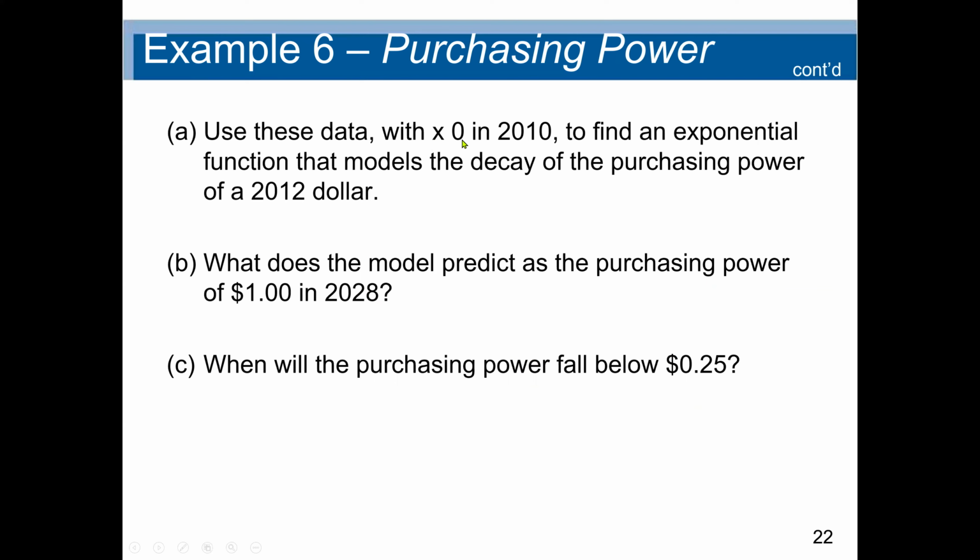We start with x equal to 0, which means we are starting from 2010, to find an exponential function that models the decay of the purchasing power of 2012. And also, what does the model predict as the purchasing power of $1 in 2028? And also, when will the purchasing power fall below 0.25?